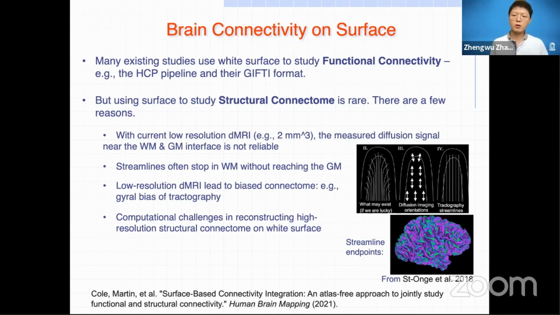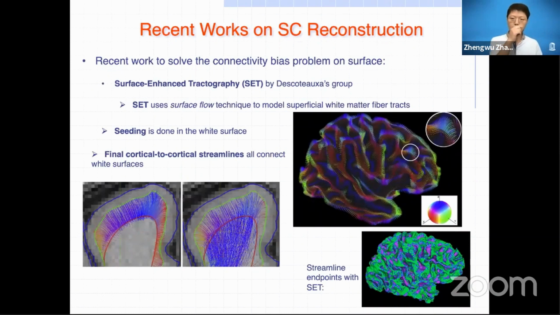One of our goals is to overcome those challenges, to develop a pipeline to solve those problems and to build an infrastructure. To solve the connectivity bias problem, people have realized it and started to work on methodologies. Max's group has surface-enhanced tractography, where they try to incorporate geometric structures from the surface to build streamlines.